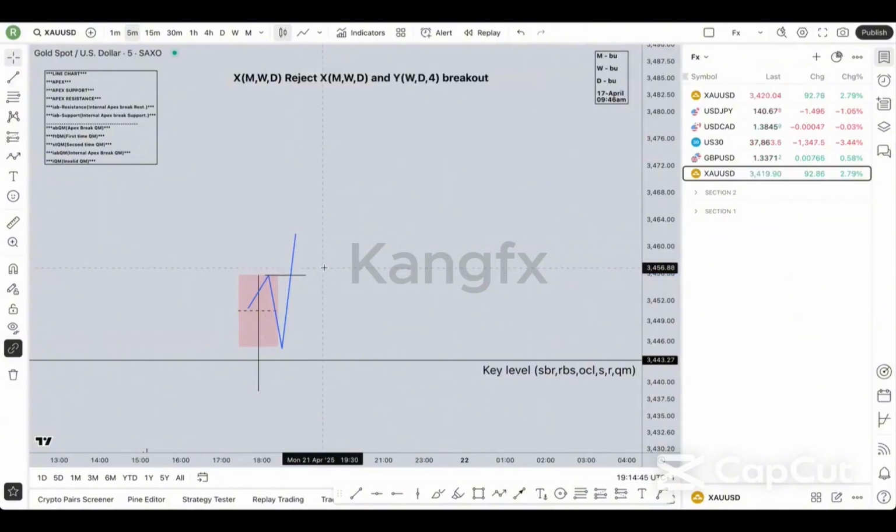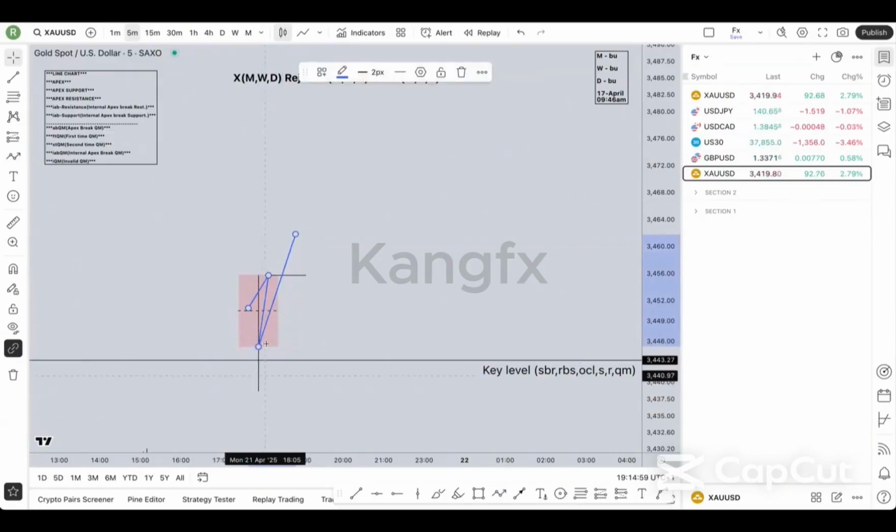The market must break above. This is the breakout we expect. Remember, this high here that will cause the breakout must be formed. It is a must. It must be formed before the candle did this rejection.